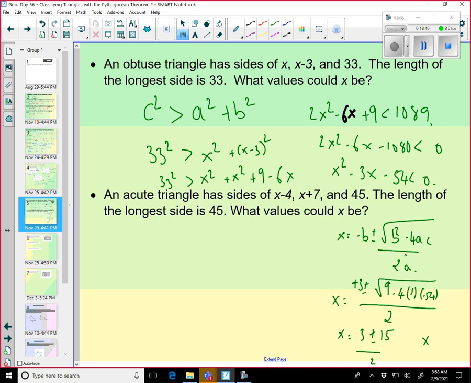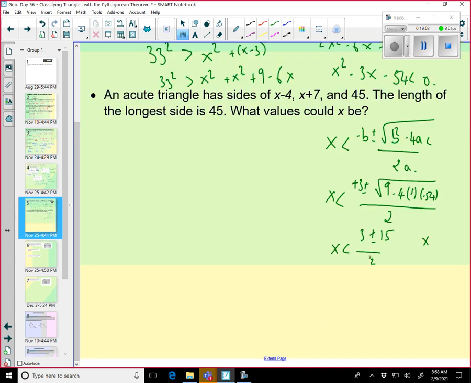Here it was less than, right? So you should have the equation in this manner: just put x less than and simplify. First, I'll take plus: x is less than 3 plus 15 divided by 2, and the other one is x is less than 3 minus 15 divided by 2. 3 plus 15 is 18, 18 divided by 2 is 9.